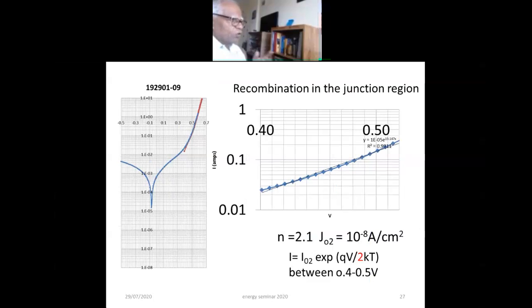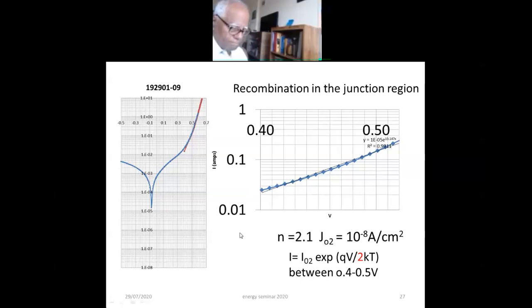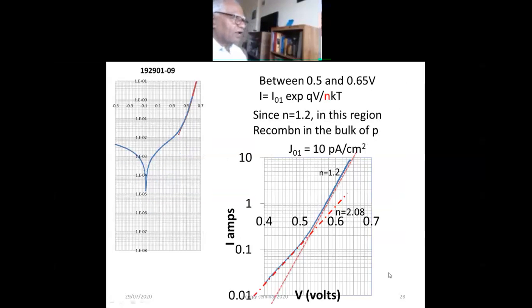So if you look at the dark IV of the curve, the dark IV has a region where n is equal to 1, another region where n is equal to 2, and I'm not worrying about the shunt because you should be able to cure that.